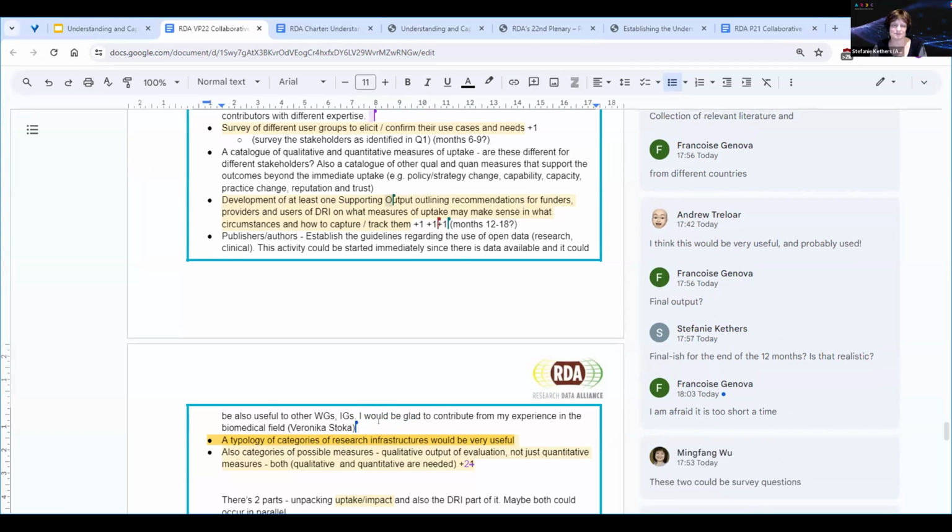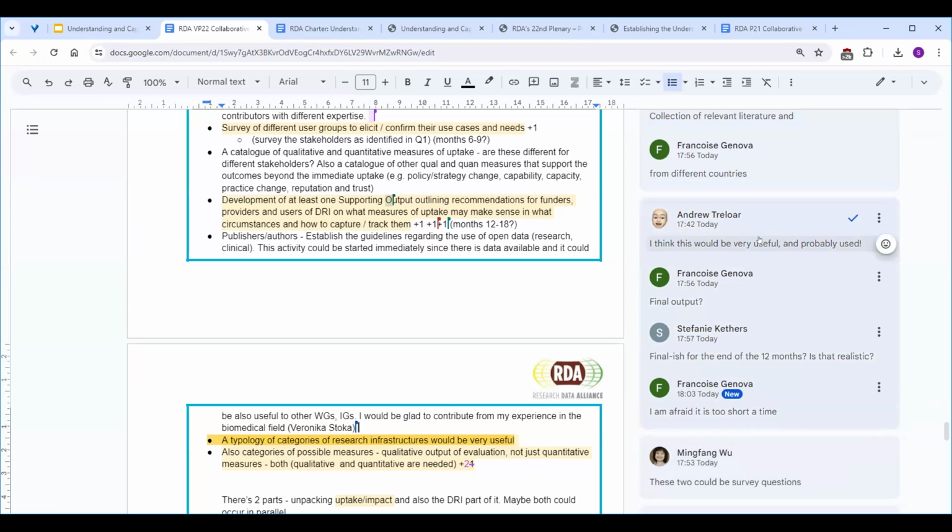So maybe this is a question for Veronica, but who is the user? Is it use of open data just by the authors who submit to publications, or is it the use of the open data by the publishers themselves? Or does that not make sense as a question?